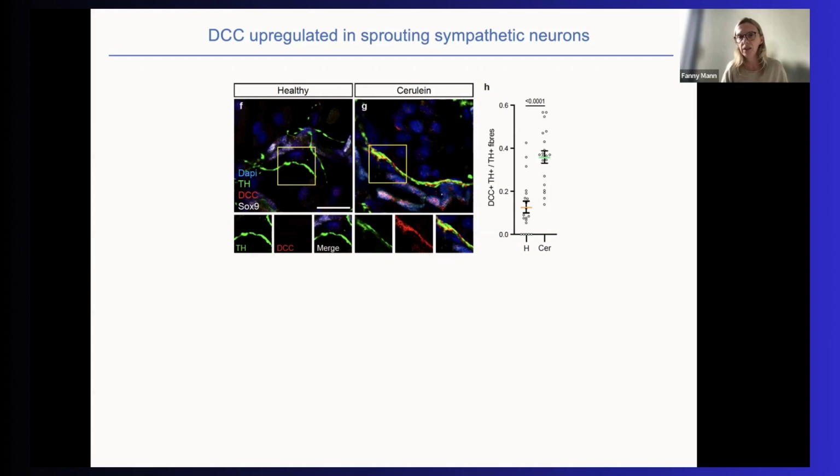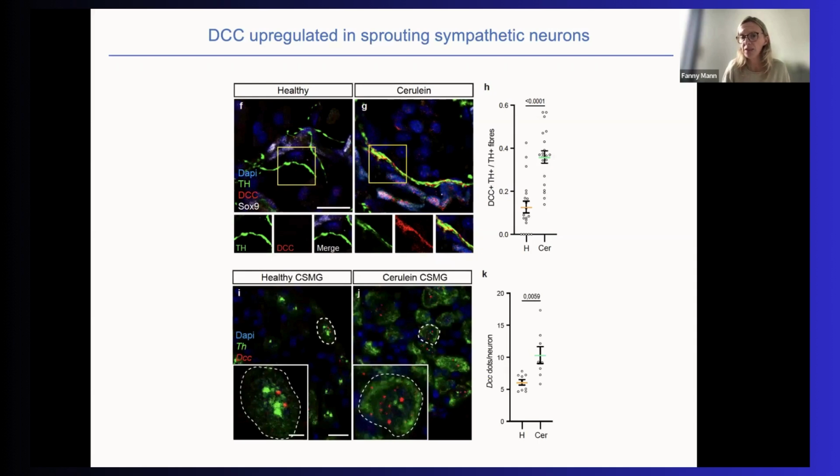However, after induction of chronic pancreatitis, the DCC receptor is upregulated on the sprouting sympathetic axons. We have confirmed this upregulation of DCC by RNAscope in situ hybridization performed on the celiac superior mesenteric ganglia, so the ganglia that contain the cell bodies of the sympathetic neurons projecting to the pancreas.